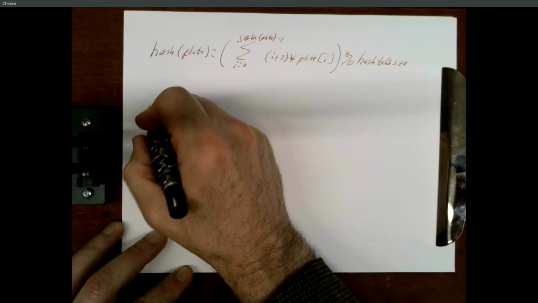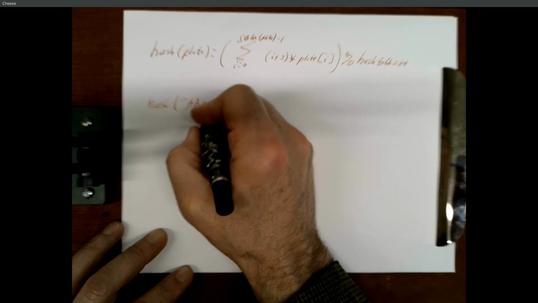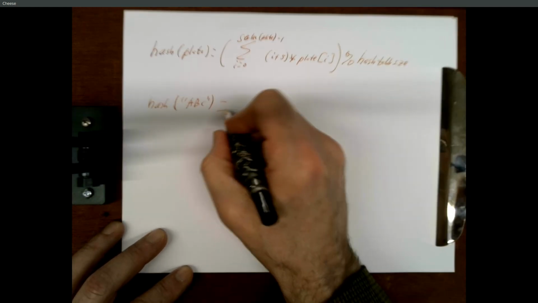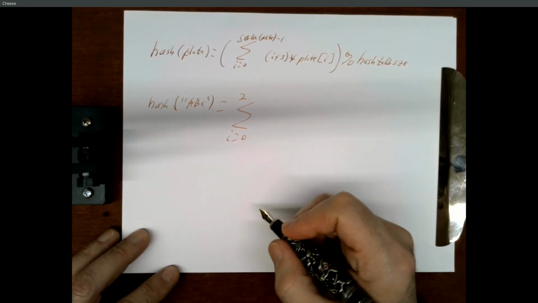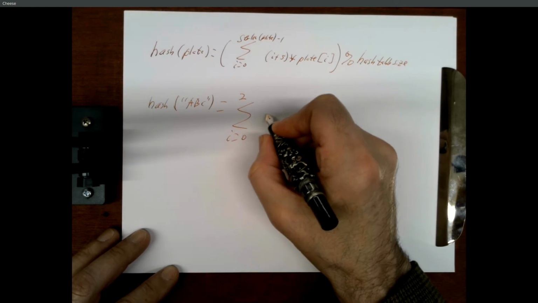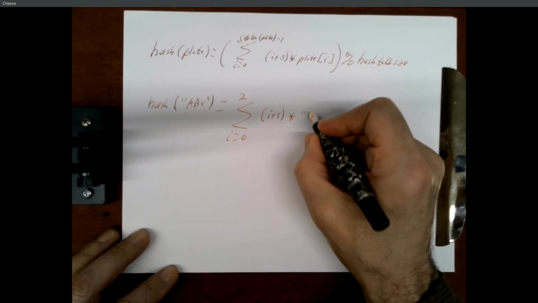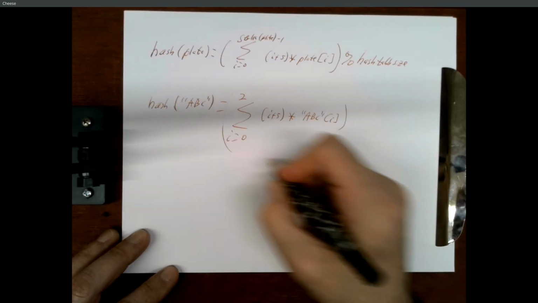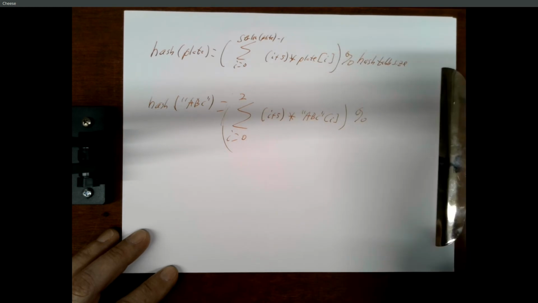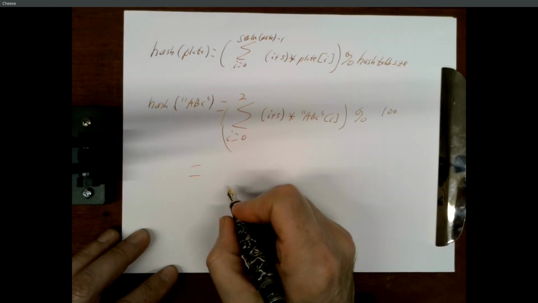Okay, so if we wanted to hash ABC, that's going to be the sum from i equals 0 to 2 of (i plus 5) times the corresponding character of our string, mod the hash size. Let's say our hash size is 100. So what is this going to be?